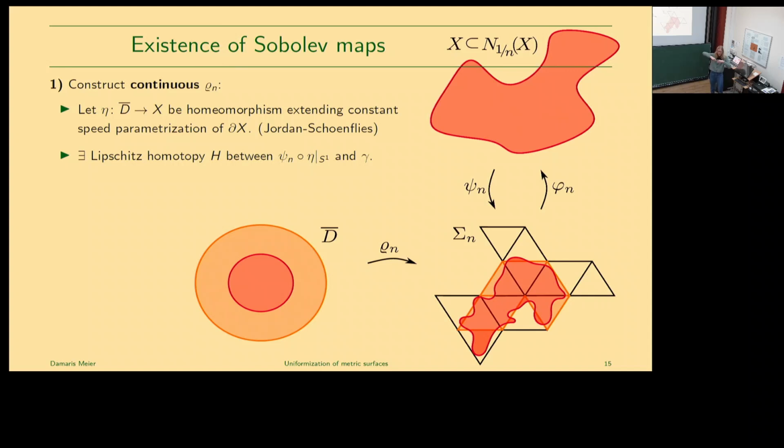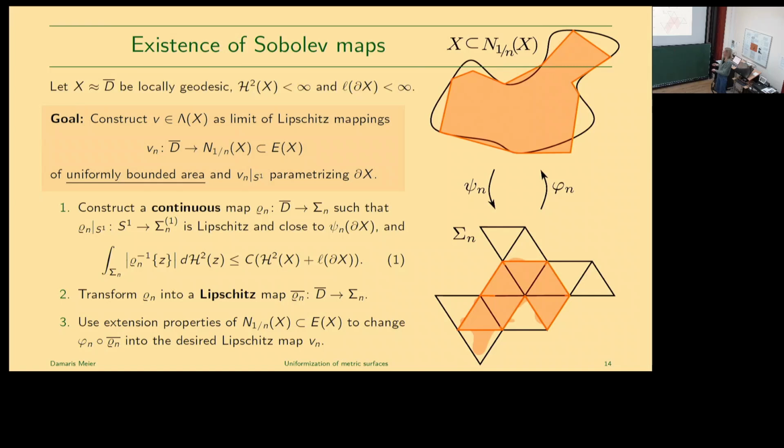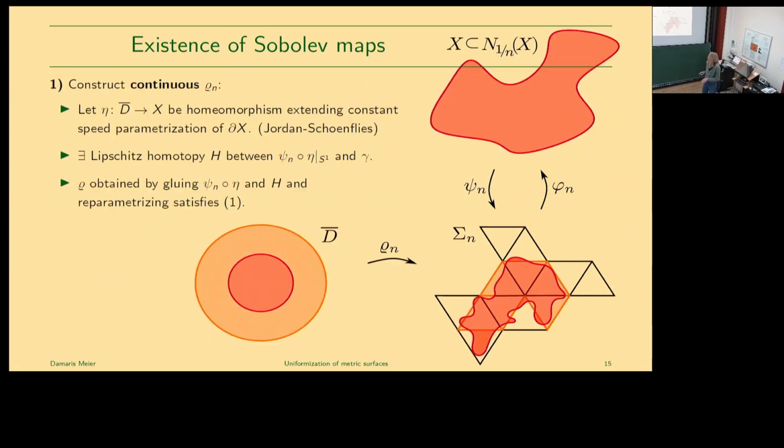So we push the boundary to the one skeleton in a Lipschitz way, and we can glue it together and reparameterize it. The red part is just a homeomorphism, and the other part is a nice Lipschitz homotopy. So the number of pre-images will not be huge, so we can get a nice bound as in this inequality. Is this more or less clear?